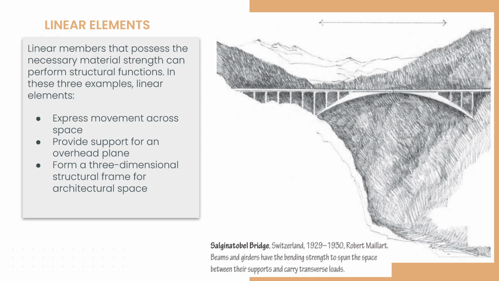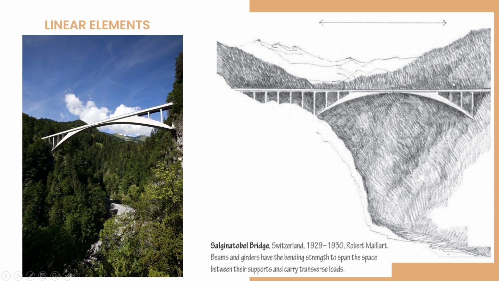Like this one, the Salginatobel Bridge in Switzerland, designed by Robert Maillart. So we have a horizontal beam and girders, also the road. It has a bending strength to span the space between the supports and carry transverse load, also supported by these vertical elements. So this is what it looks like in actual.